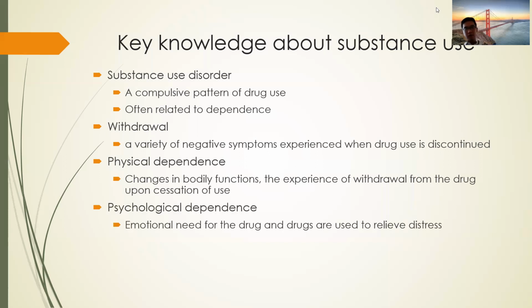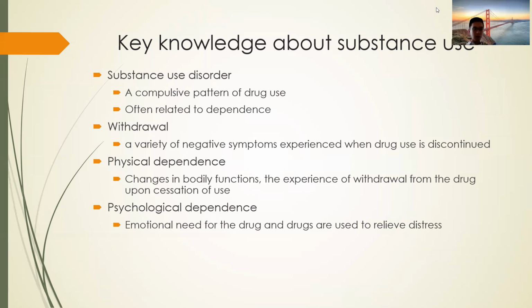And there is another type of dependence, which is psychological dependence. That is not biological. They just have an emotional need to take the drugs. They are really stressed when they are not using the drugs. So they need to calm down and soothe their emotions.